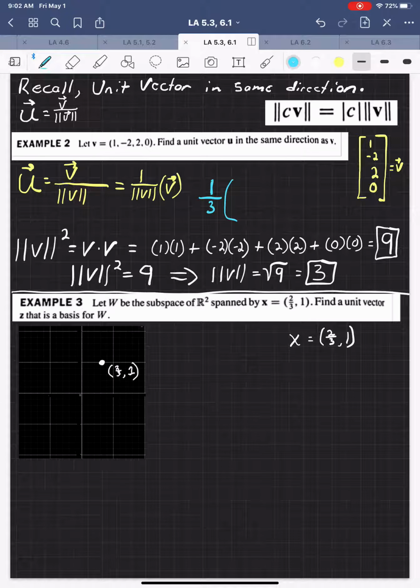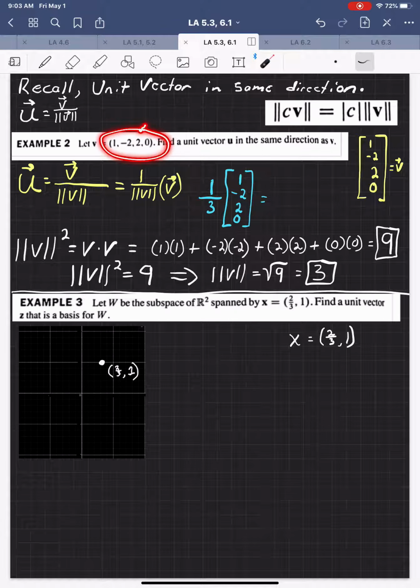And we're distributing that to the following vector: 1, negative 2, 2, 0. If you ever wonder why a lot of the textbooks tend to write their vectors like this, as opposed to, say, like this, it's more of a way to save space in the textbook itself.